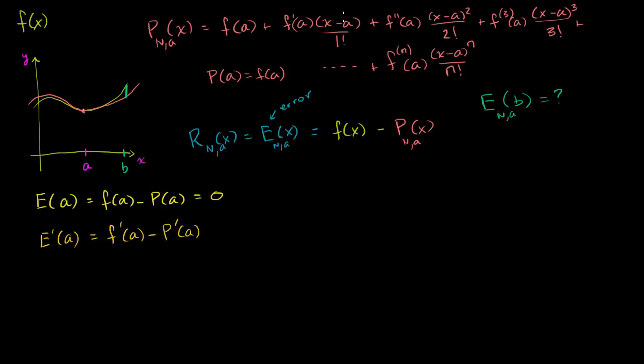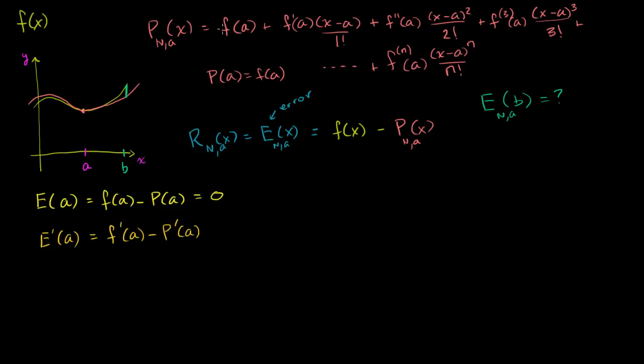And this is actually why Taylor polynomials are so useful: up to and including the degree of the polynomial, when you evaluate the derivatives of your polynomial at a, they're going to be the same as the derivatives of the function at a. And that's what starts to make it a good approximation.